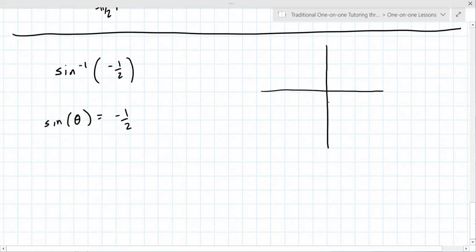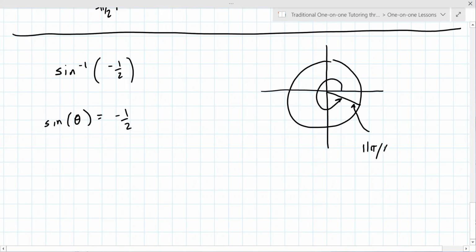While it could be in either of these quadrants, it's going to be in the one over here on the right, the fourth quadrant. Draw our unit circle. That's this angle here, which is 11 pi over 6 if you're coming that way. But again, that doesn't work with sine inverse. It's only from minus pi over 2 to pi over 2. So you have to get the angle another way: minus pi over 6.